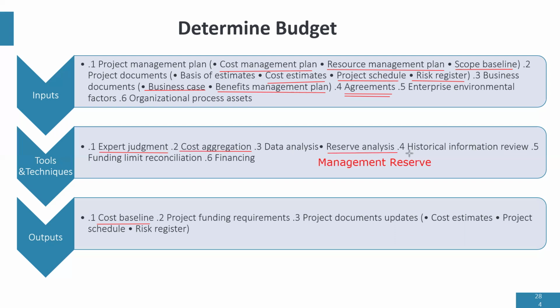Then historical information review. What does this talk about? Historical information review is talking about using past historical information in your organization. So if someone has handled that same project in your organization, we can use that information as historical information to check that your budget is in line with expectation.